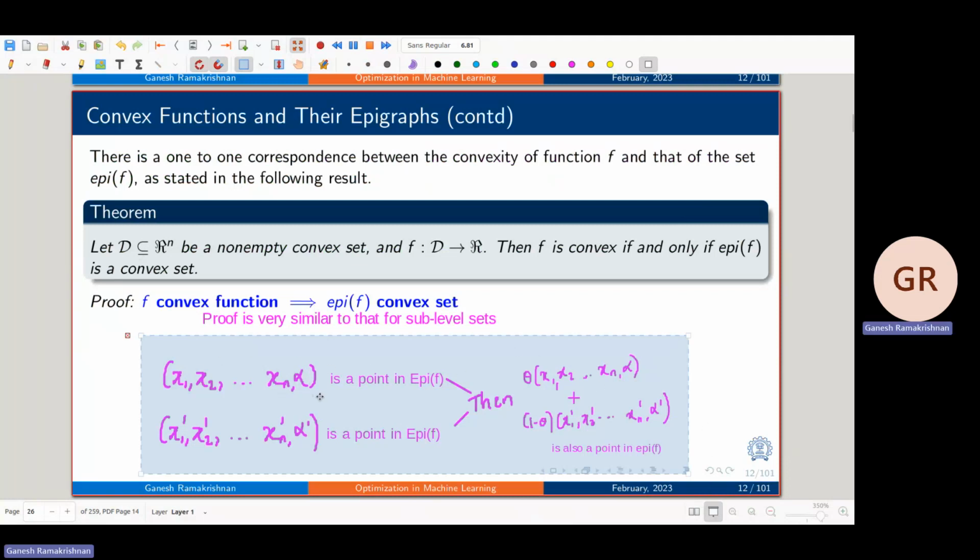So (x1, x2, ..., xn, alpha) is a point in the epigraph, and (x1', x2', ..., xn', alpha') is a point in the epigraph. Then if you consider the convex combination of these two, that will be a point in the epigraph because of the convex combination of x1 to xn.